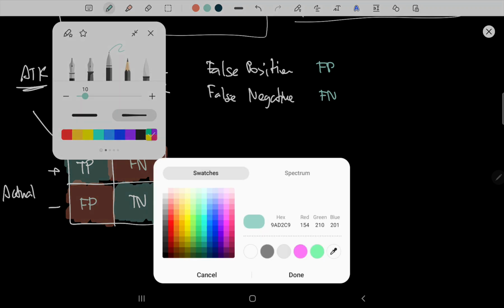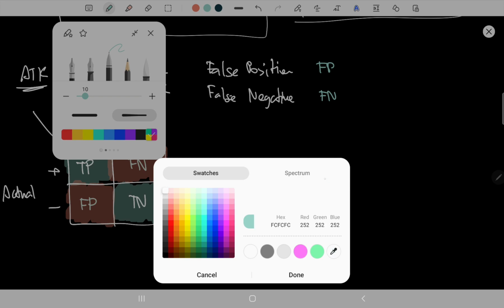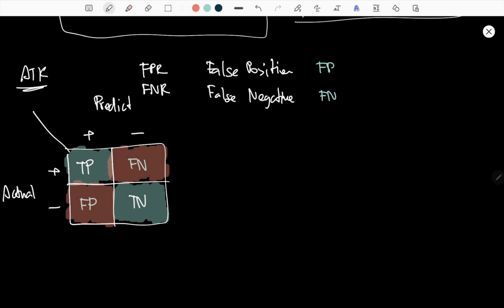So we have a lot of things to think about, and when someone talks about some numbers, you have to know exactly what they are.